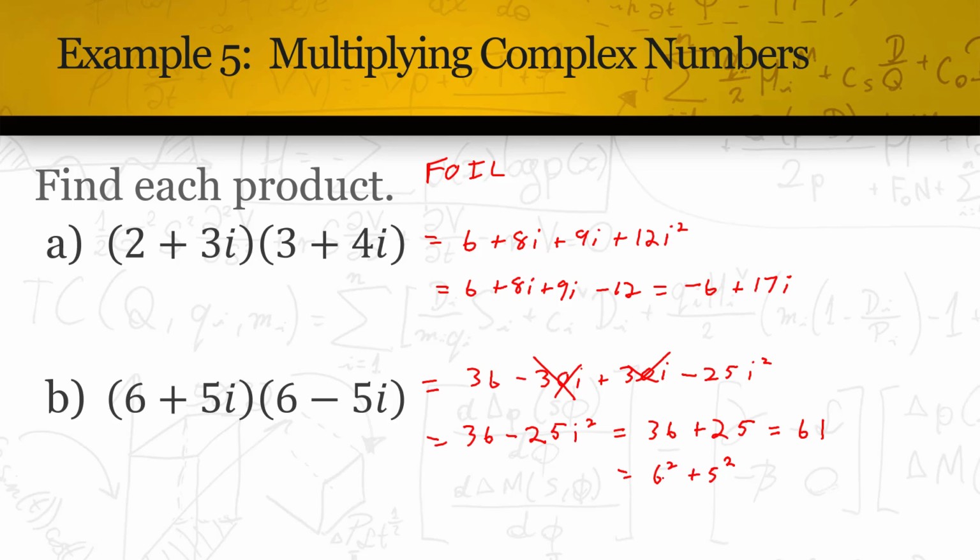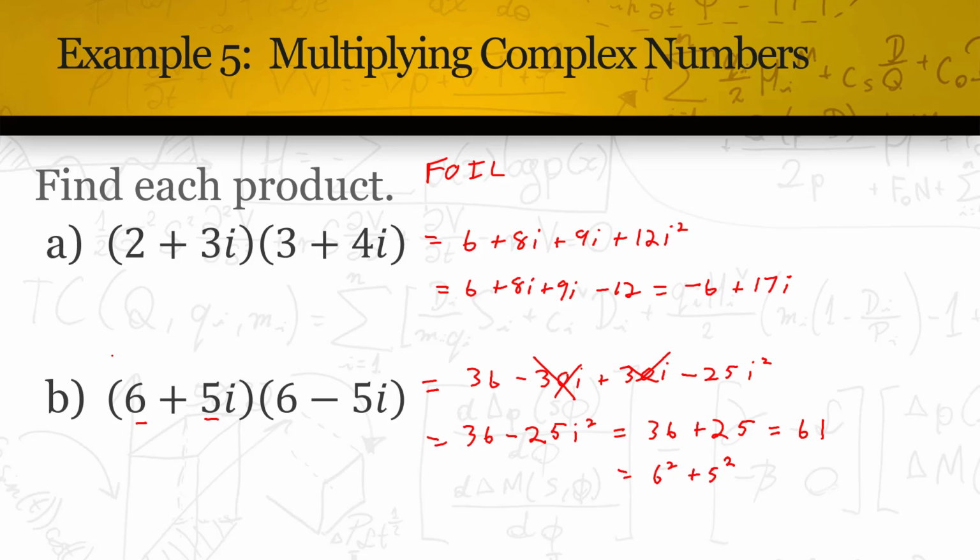We have that when you have a problem like this, 6 plus 5i times 6 minus 5i, the answer is going to be equal to the square of the real part plus the square of the imaginary part. And it doesn't really matter which one, because the square of 5 is 25 and the square of -5 is still 25.